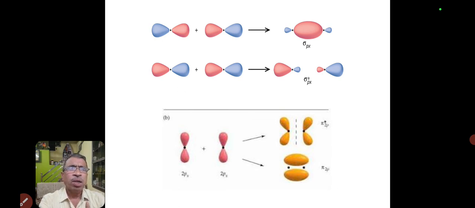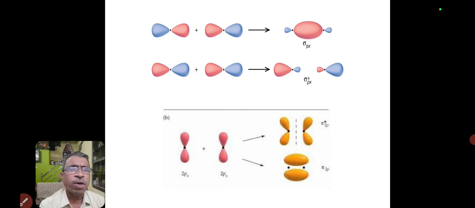Below, if the two p orbitals overlap laterally, it results in pi molecular orbitals. In bonding pi molecular orbitals, electron density is there between the two nuclei, above and below the plane of the molecule.